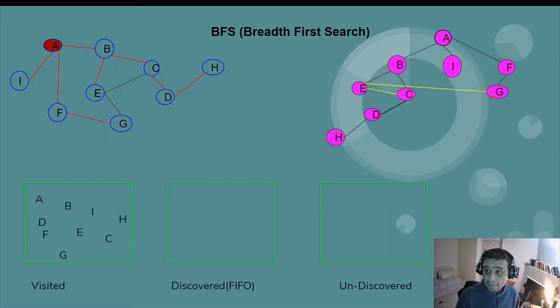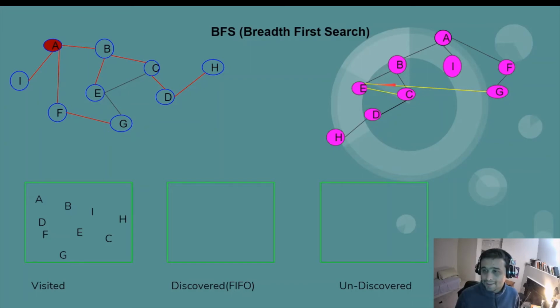That means if that is an undirected graph, then that graph has cycles. In the sense, there are multiple paths to reach from source to destination. These edges are called cross edges.